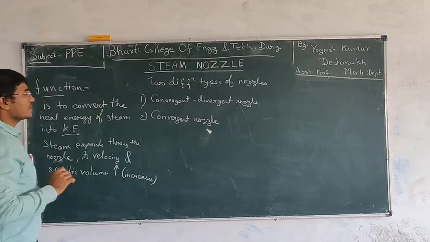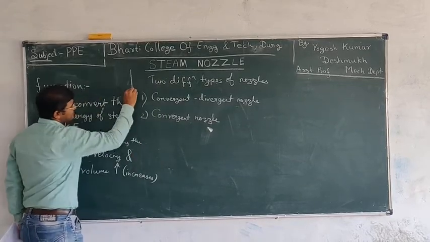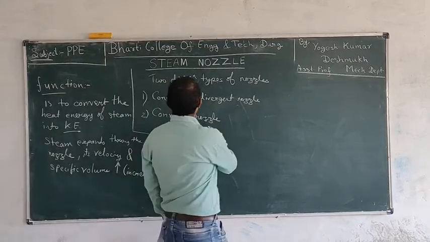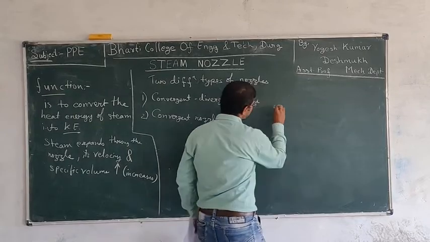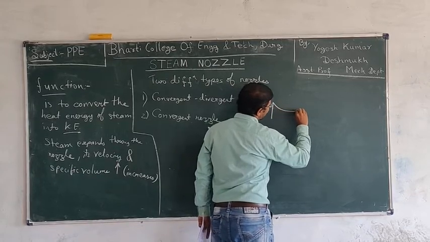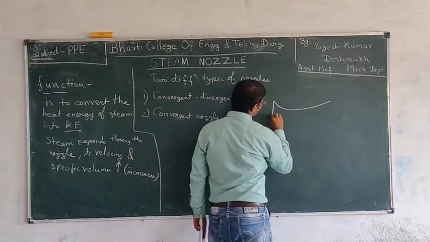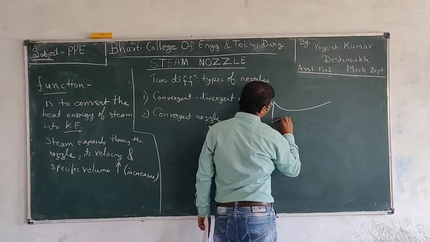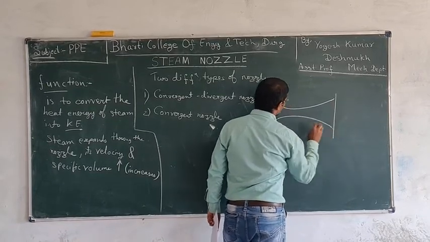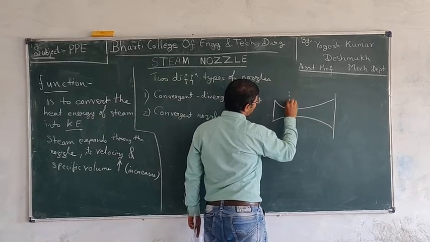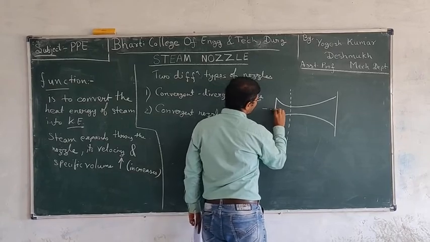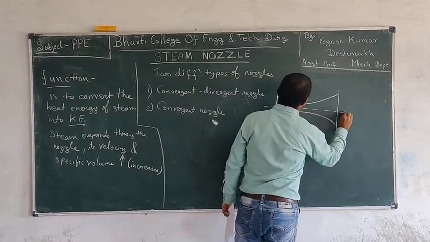We will see in the diagram how they are different. First, we will see what a convergent divergent nozzle is. Let's draw a diagram.